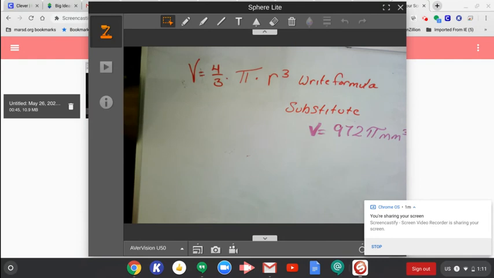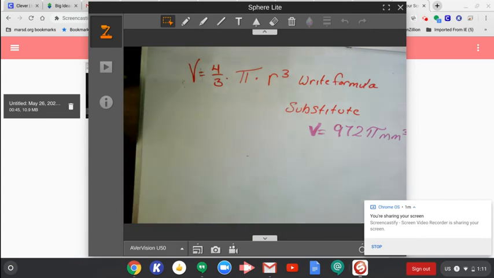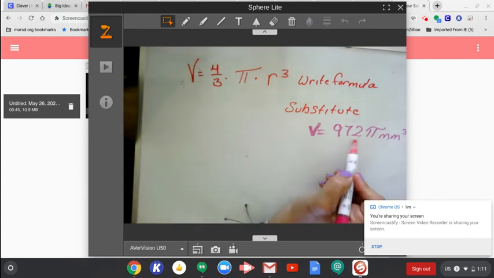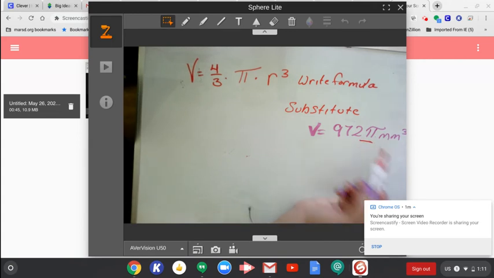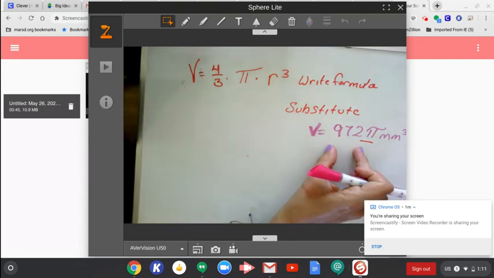So I know the volume of my orange sphere is 972 pi millimeters cubed. What that means is 972 times pi, and remember an estimate of pi is 3.14. We're writing it in terms of pi because I don't want a long decimal. I want to keep an exact answer.